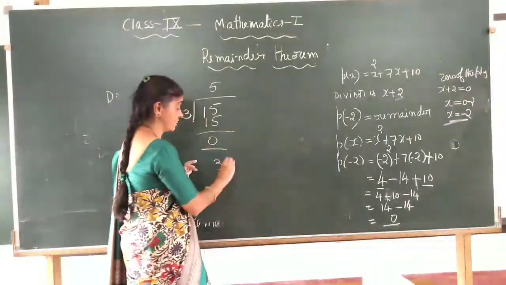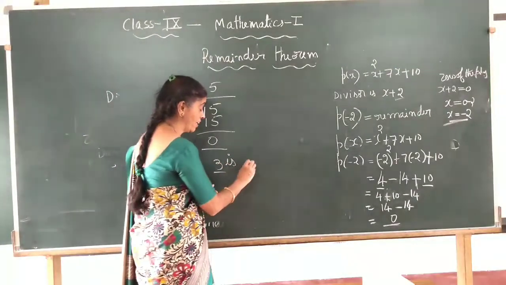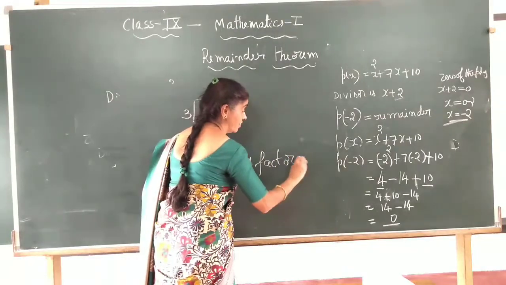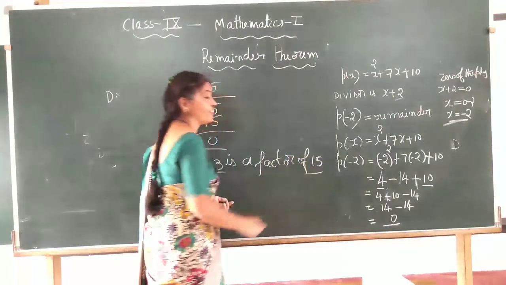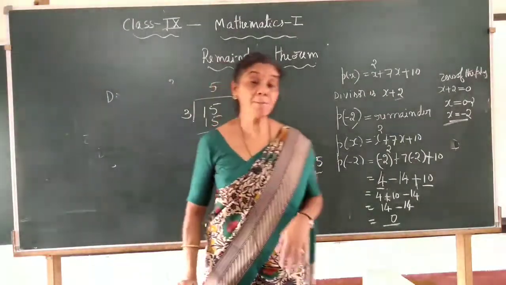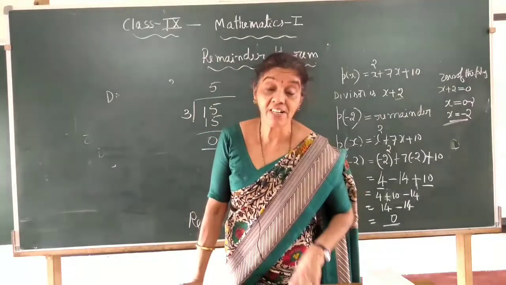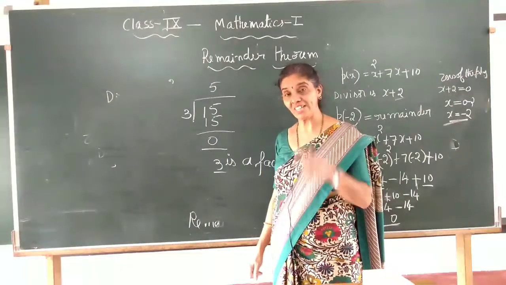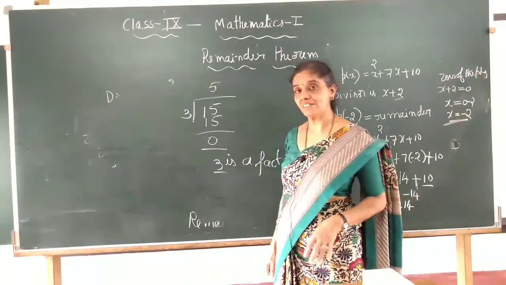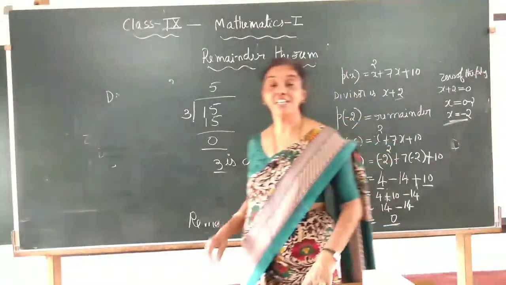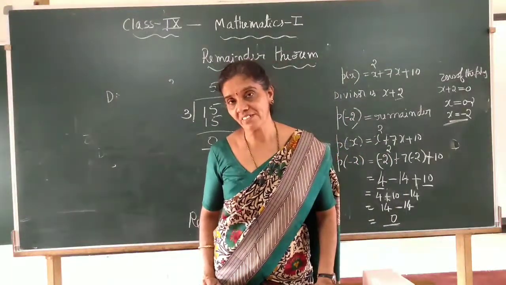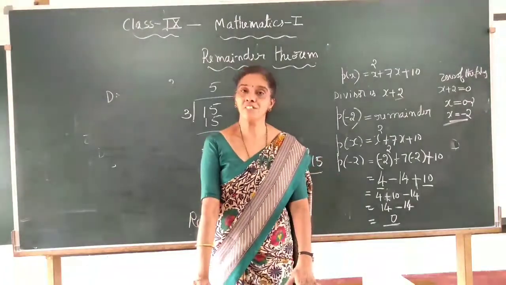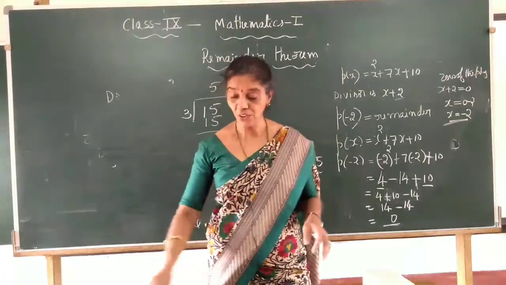So the divisor 3 is a factor of 15. What is the meaning of factor? That number will completely divide the given number. When the dividend is completely divided by one number, that divisor is called a factor. Now this second example which I have taken, the divisor is nothing but a factor. So if it is a factor, the remainder we should get is 0. That is the thing you have to remember.